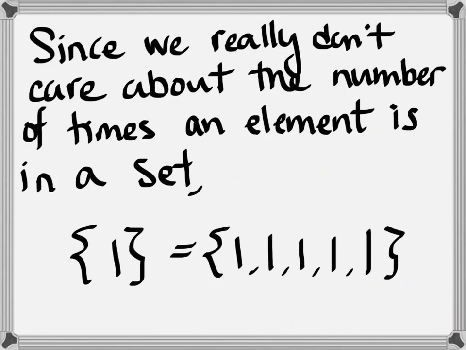Again, here's another example. Here we have a set on the left with the number 1, and on the right we have a set with five number 1s. Yet as sets, they are both equal. They are the set containing the element 1.